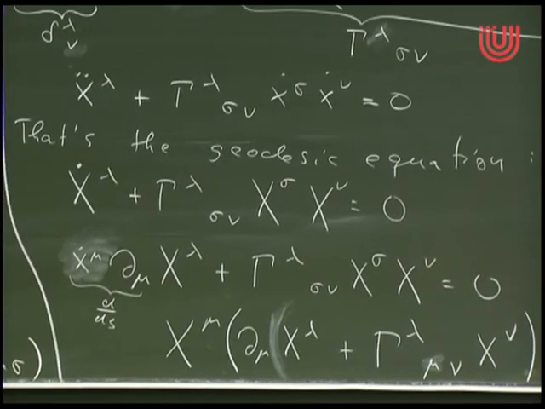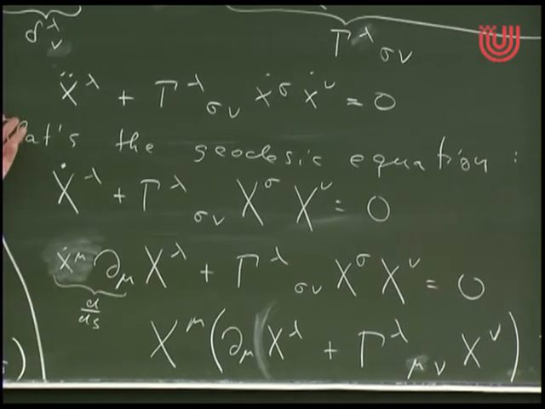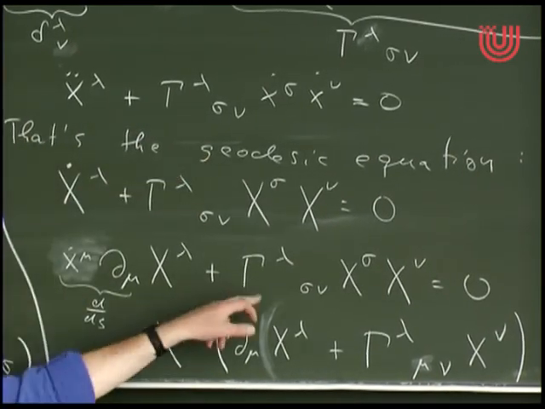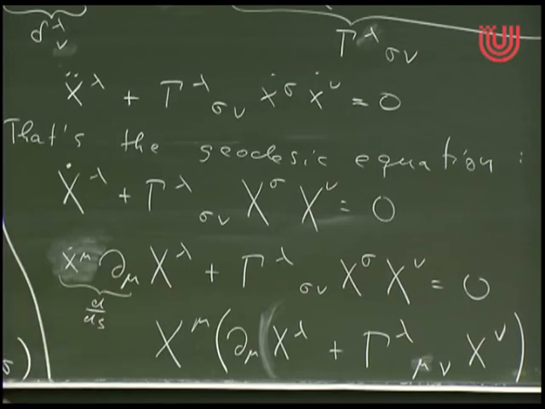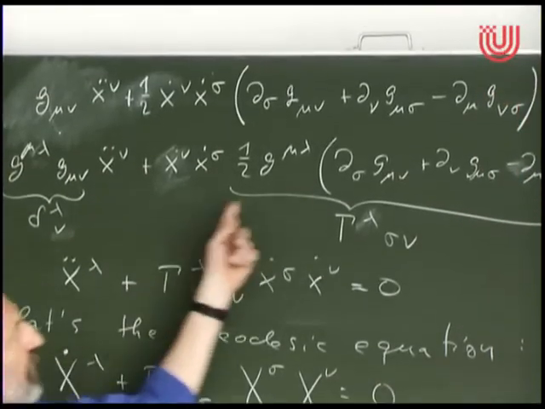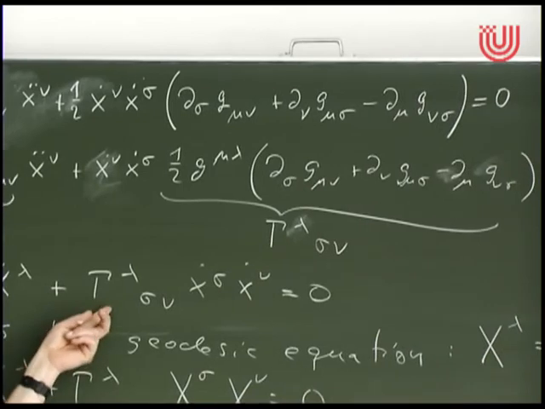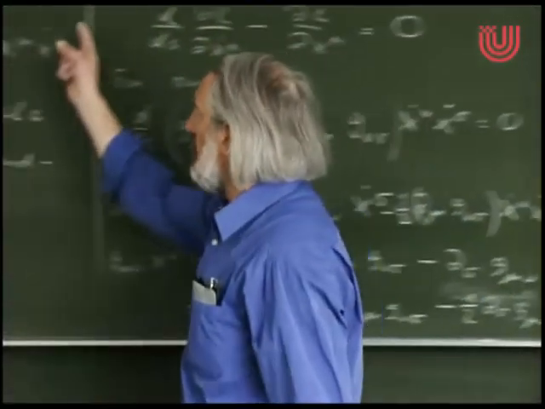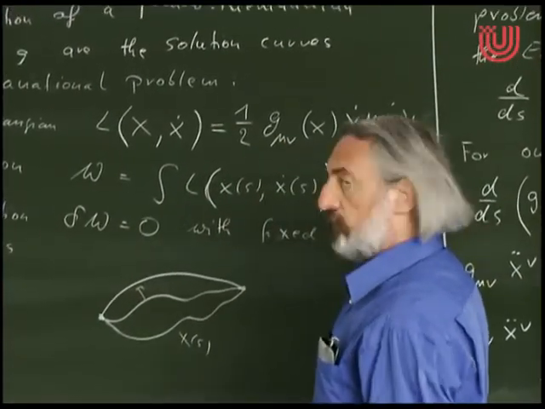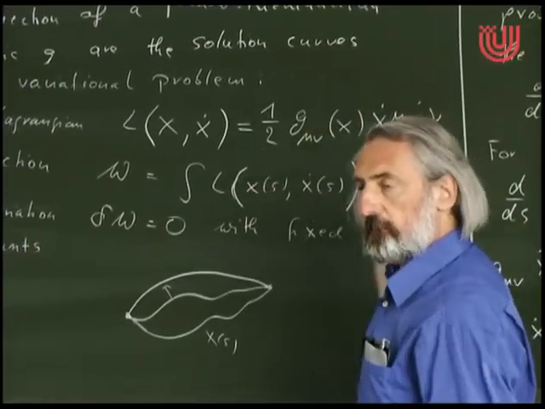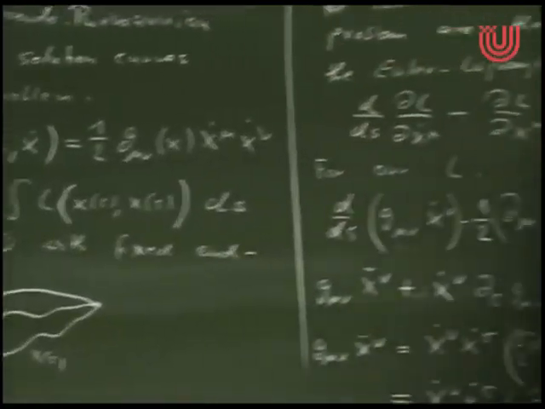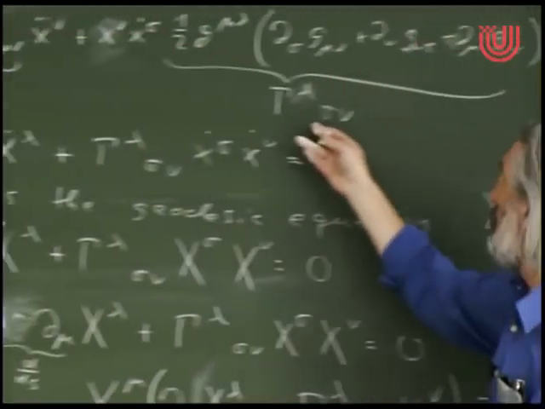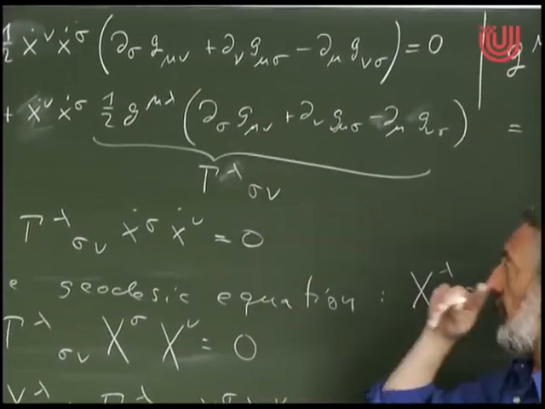And if you want to determine geodesics, do not calculate the gammas from this expression here and then try to solve this equation, use a variational problem. It's much, much easier. Start from this Lagrange function and look for the extremals of this here. It spares you calculating the gammas with this expression here. Actually, it's the other way around.